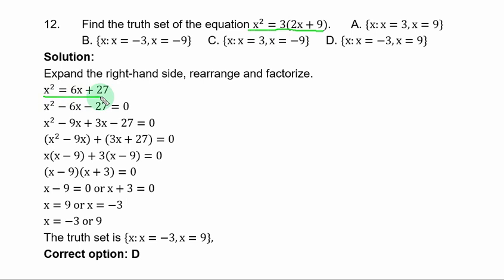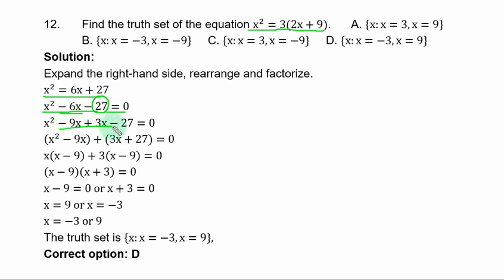If you transfer all the terms to the left hand side, you have s squared minus 6s minus 27 equal to 0. To factorize, you look for two factors of 27 whose sum is minus 6 and whose product is minus 27. You express the factors in terms of s, that is minus 9s plus 3s, and use the factors to replace the middle term in this manner.